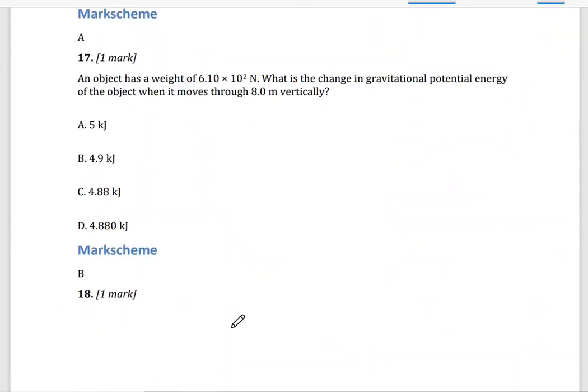Here we'll go to question number 17. You have an object. The object has weight. So this is Fg, 6.1 times 10 to the power 2 Newton. What is the change in the gravitational potential energy of the object when it moves 8 meters vertically? Just this is the formula and apply.